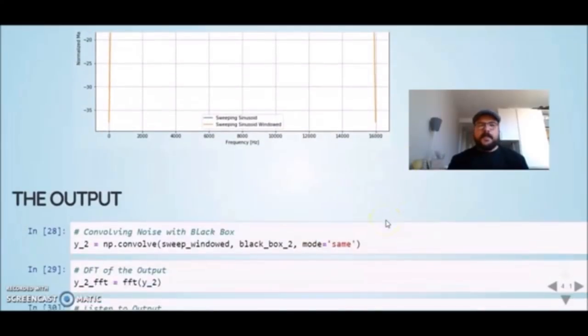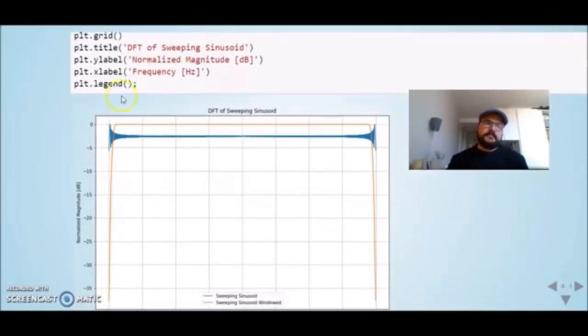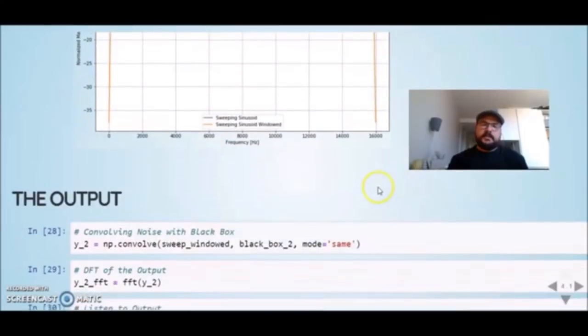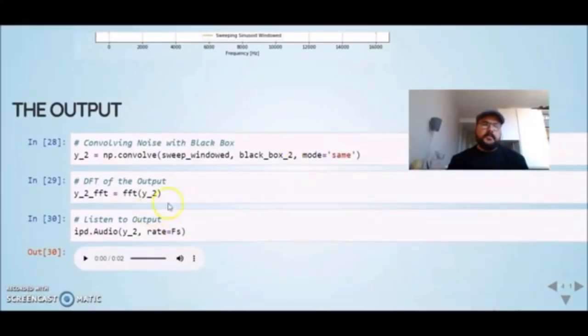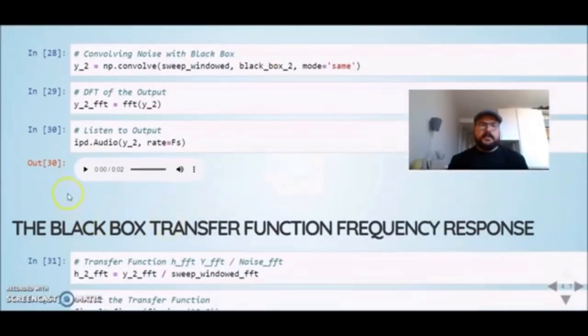And now we will convolve our input signal with black box number 2. Then we will take the FFT of the output of black box number 2, and we can also listen.